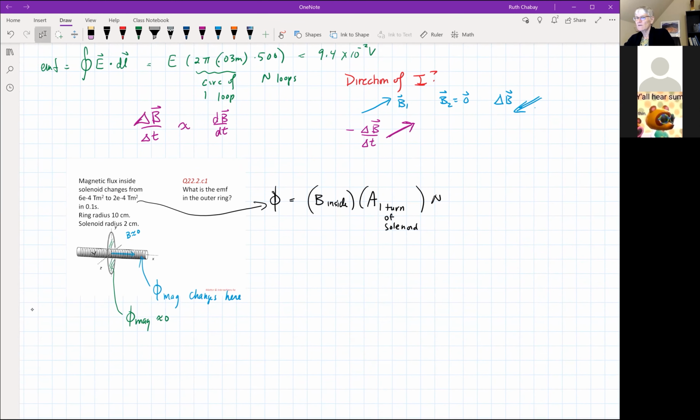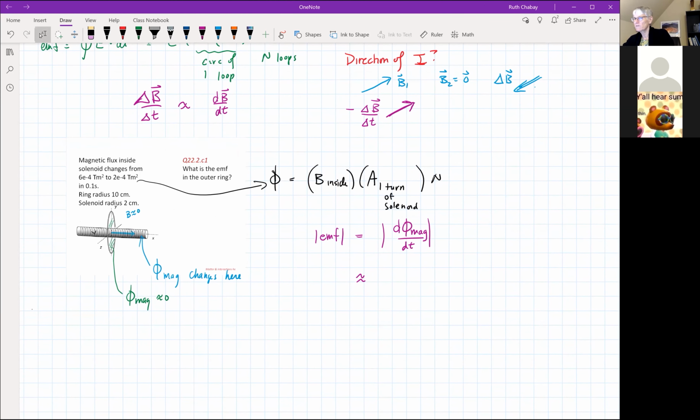So to get the EMF here, all we would need to do is say that the EMF is equal to the rate of change of magnetic flux. And again, we're going to approximate this derivative by a finite difference.